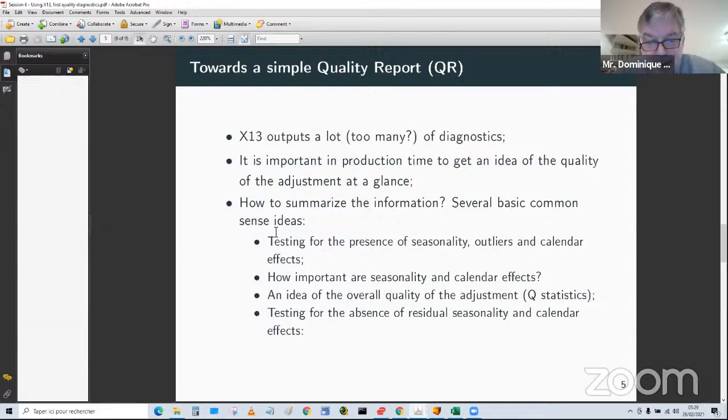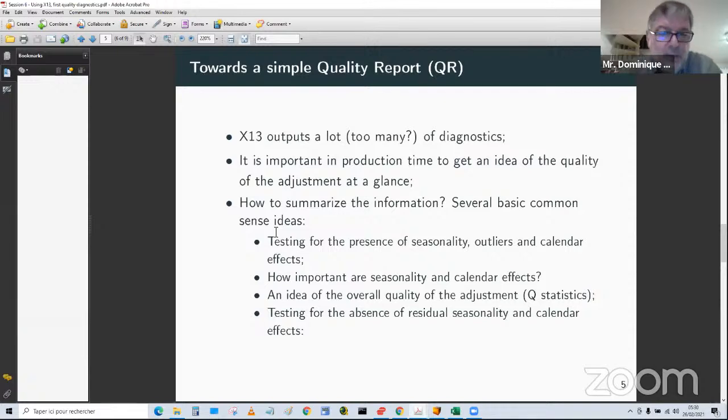Well, when a statistician outputs more quality results than you have data, and usually this is the case for seasonal adjustment, it means that there is no single indicator in mind to judge the quality of the output. So the statistician is going to give you all the figures, and after that you do what you can.